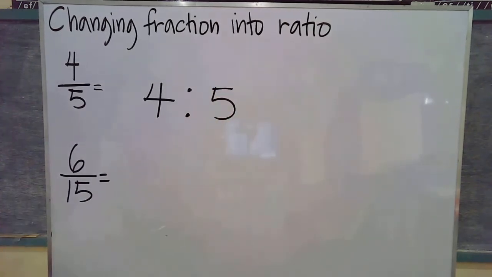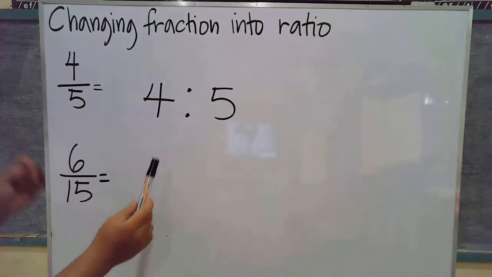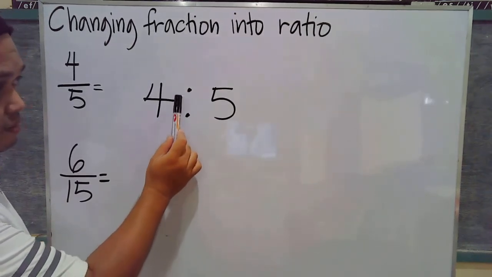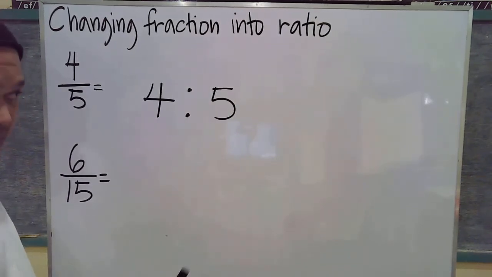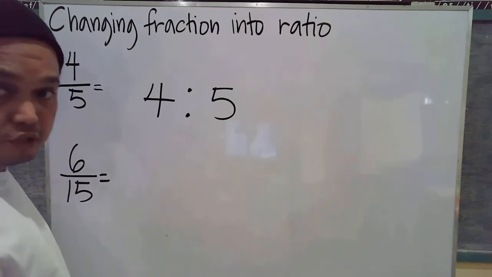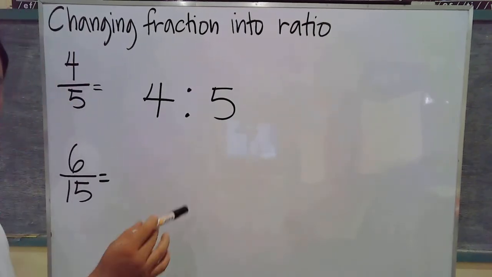So if we're going to read this, 4 is to 5. So it becomes a ratio. We're going to explain ratio further in our succeeding lessons, but for now, just this.